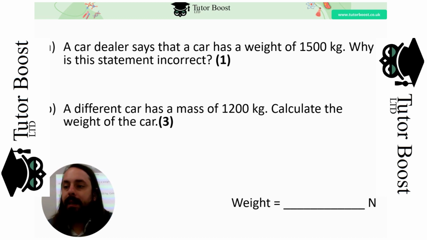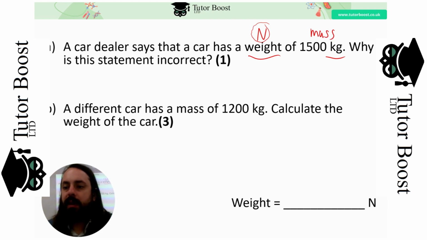So he's saying that the weight is 1,500 kg. So we know that the units for weight are newtons, it's not kilograms. So therefore the statement is incorrect because the units for weight are newtons and not kg. Kg is only for mass.